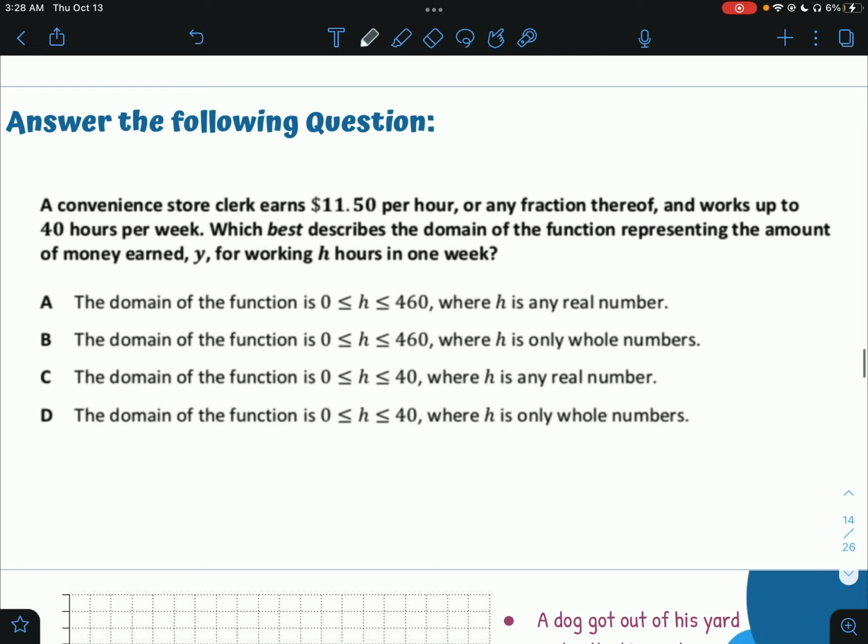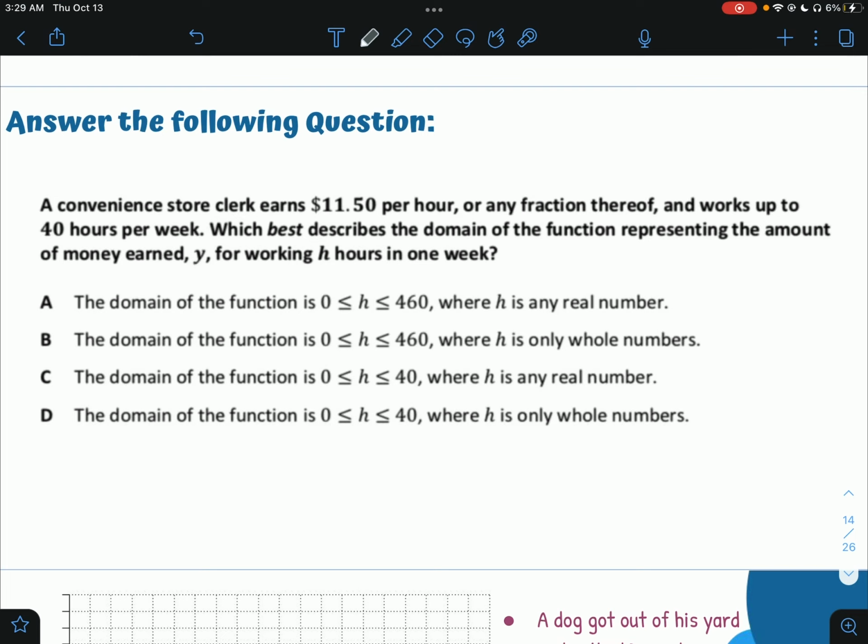Again, we could answer another one and try it. So I want you to give this one a try just by yourself. A convenience store clerk earns $11.50 per an hour, or any fraction thereof, and works up to 40 hours per week, which best describes the domain of the function representing the amount of money earned y for working 8 hours in 1 week.